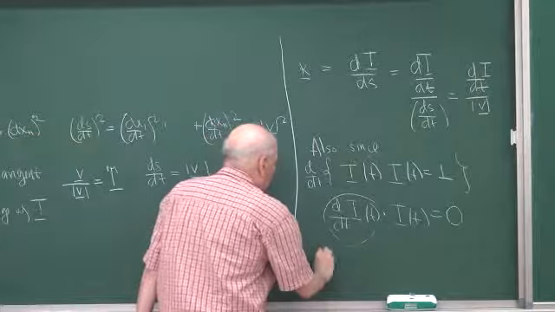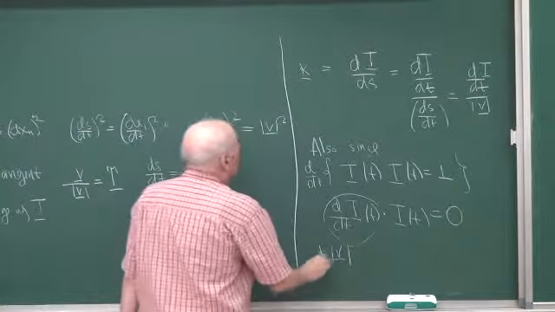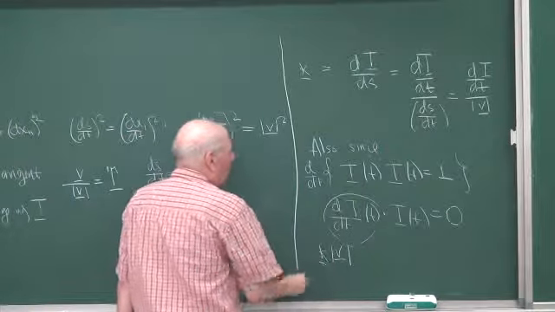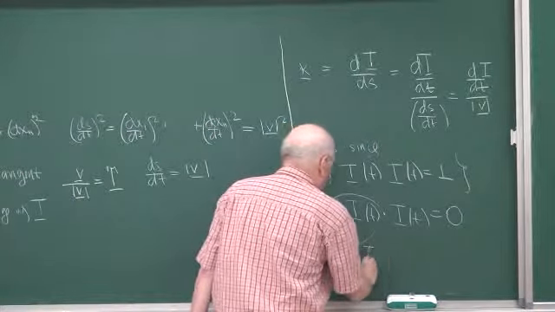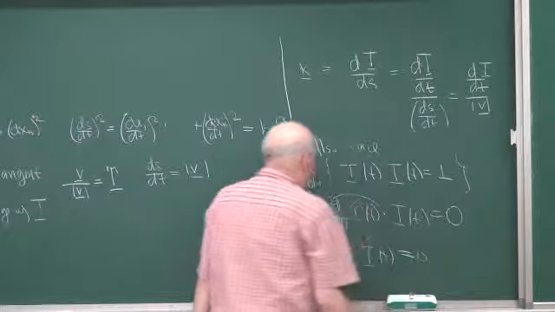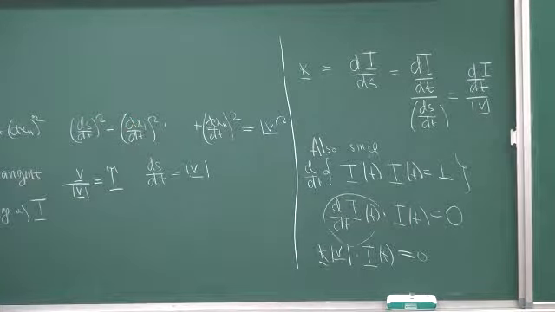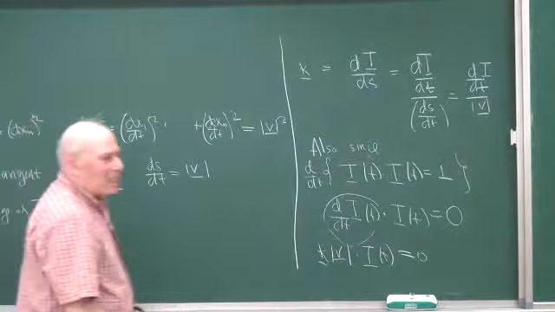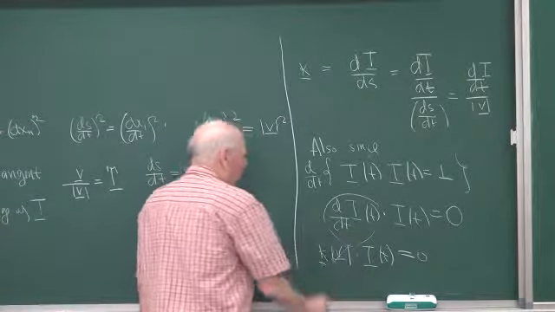So this is kappa, the curvature vector times the scalar v, dotted with the tangent vector. If the thing is actually moving in the space curve, it's not just a point, then this is not 0.